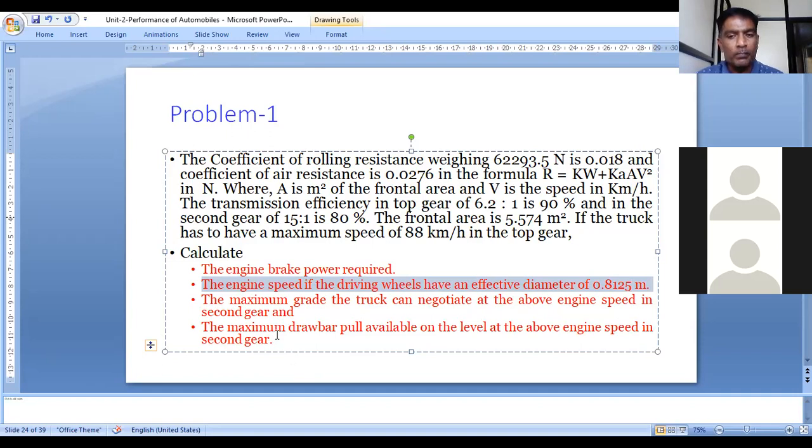And fourth one is the maximum drawbar pull available on level road at the above engine speed in second gear.